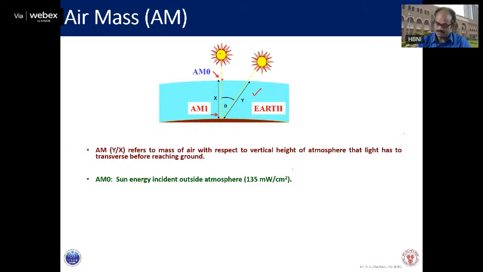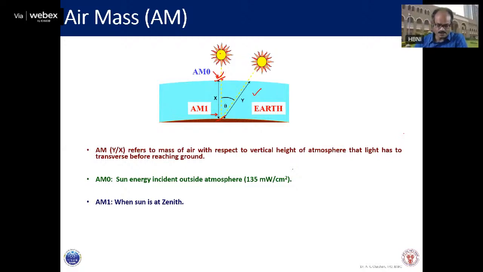The value of this is, as I showed in an earlier slide also, nearly 135 milliwatt per centimeter square, or 1350 watt per meter square. AM1 is when the sun is at the zenith, and in that case the radiation travels exactly 1 atmosphere distance before it reaches the ground.